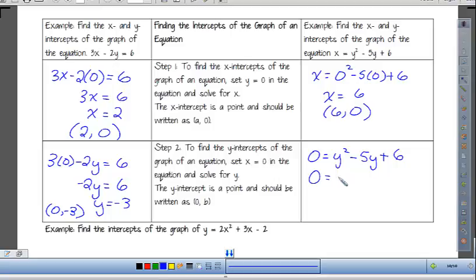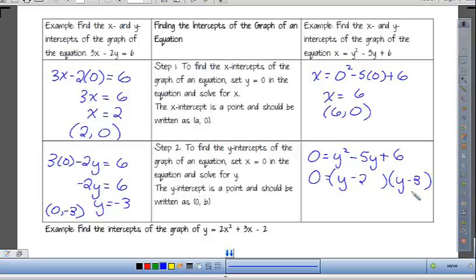Negative 6 and 1, okay. Is that going to work? If we do negative 6 and positive 1, that won't give us positive there. Negative 2 and negative 3, very good. Okay, y minus 2, y minus 3.